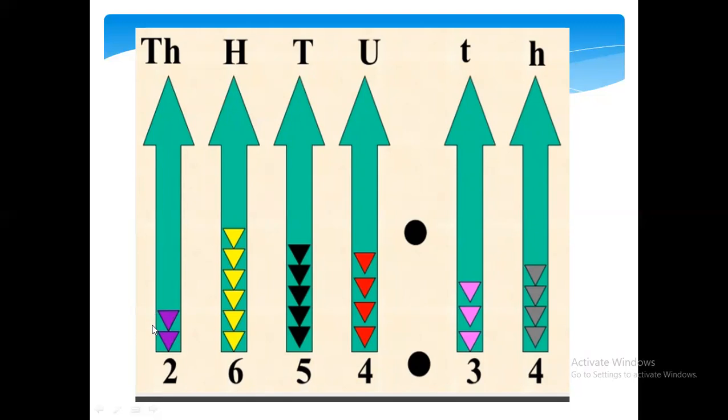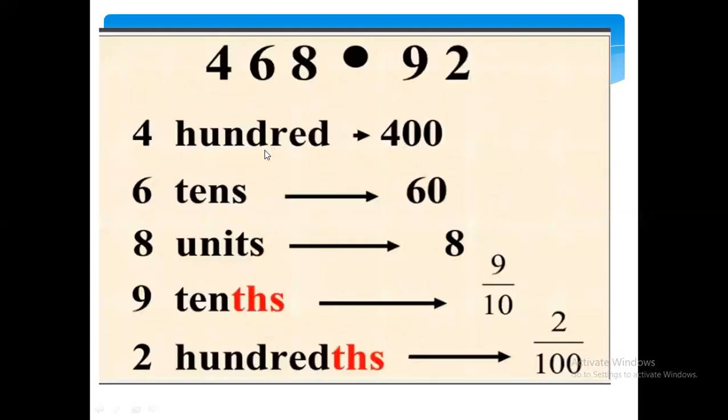So what's the place value here? 2 thousands, 6 hundreds, 5 tens, 4 units, point, 3 tenths, and 3 hundredths. Okay, 4 hundreds, 6 tens, 8 units, 9 tenths, and 2 hundredths, as I told you.